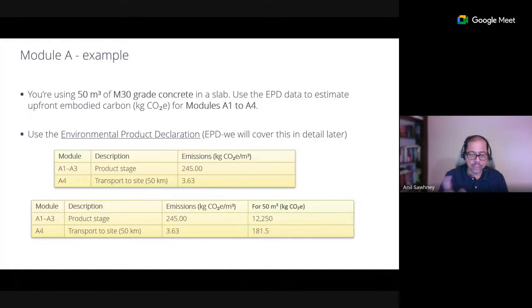You need to make sure that the units match. The grade should be matching, and essentially utilizing all this information: quantities, specification of materials, and the right EPDs would be required in order to do emission calculations, especially for embodied concrete upfront during construction.